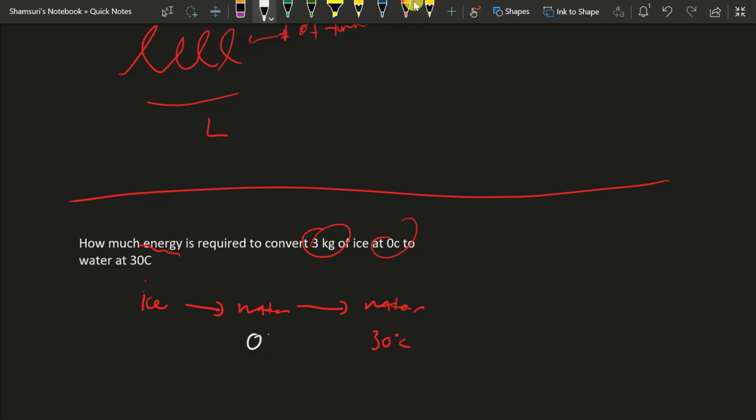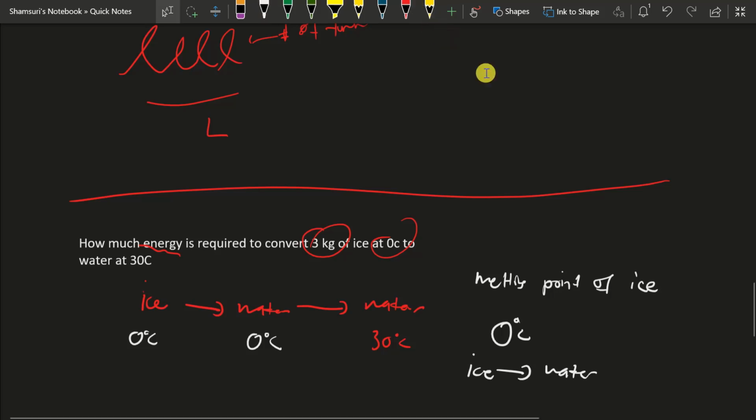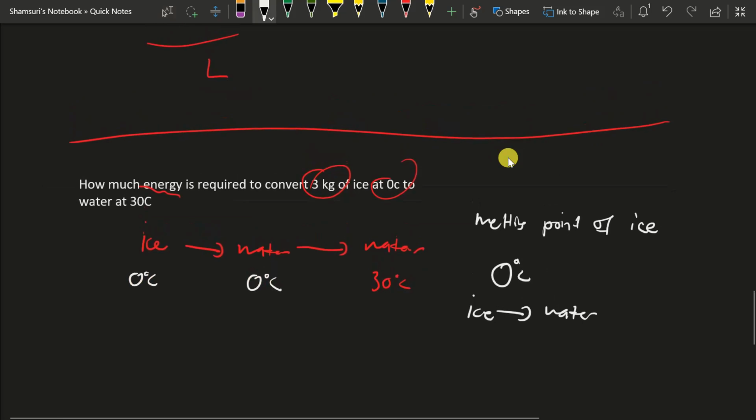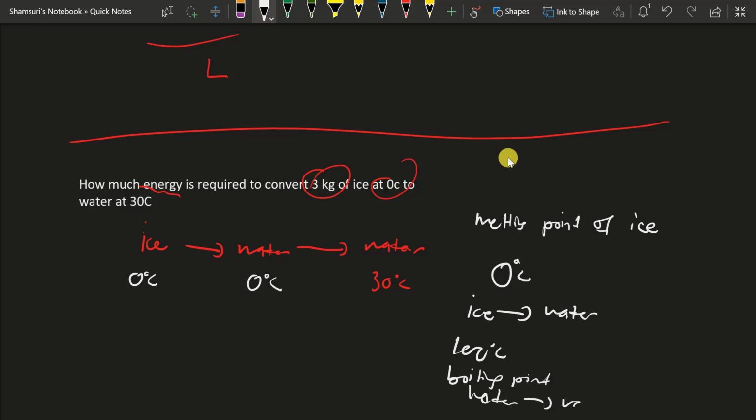The melting point of ice is 0 degree, which means the ice changes to water at 0. Then we also know the boiling point is 100 degree, where the water becomes vapor or gas.